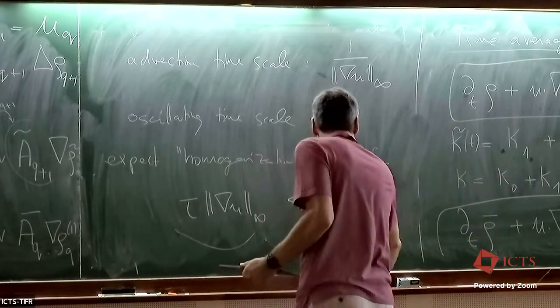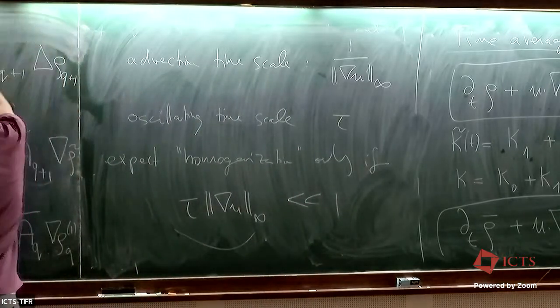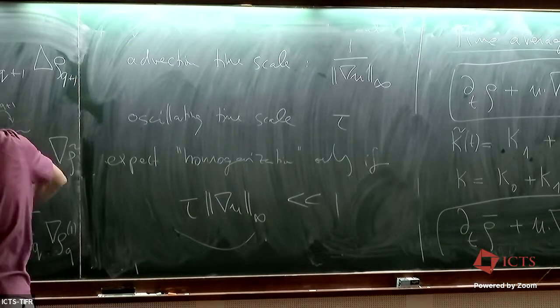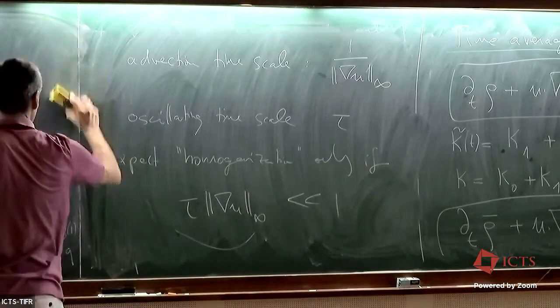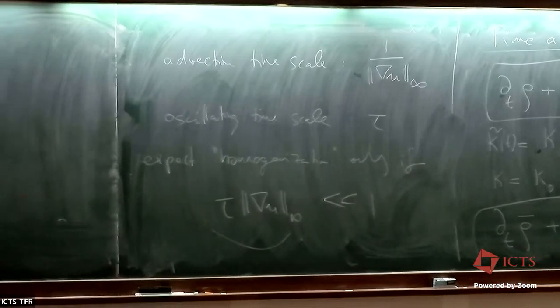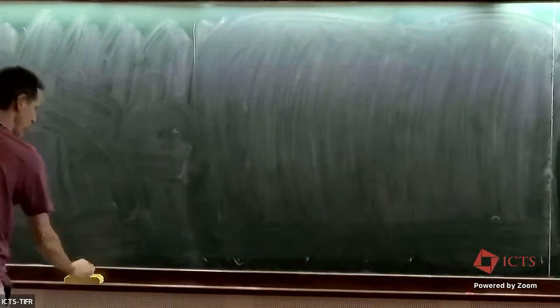Now, then how to obtain the result? Well, we have to basically cook up, analogous to this multi-scale expansion, an approximation scheme to the oscillating equation, starting with the non-oscillating equation, right? So previously we were saying, okay, I'm looking for an ansatz for rho.